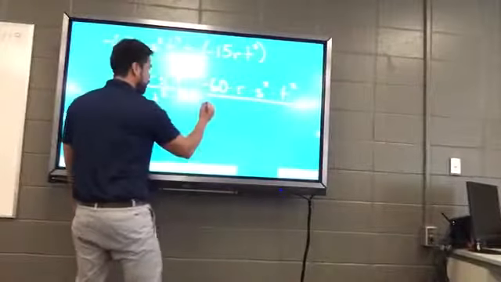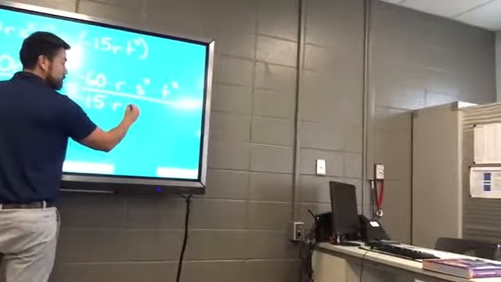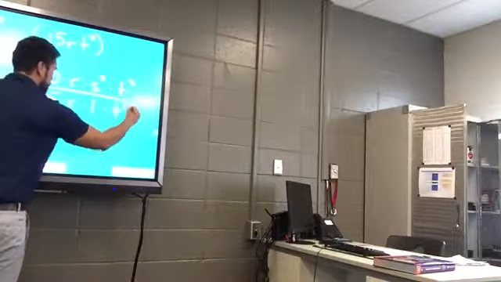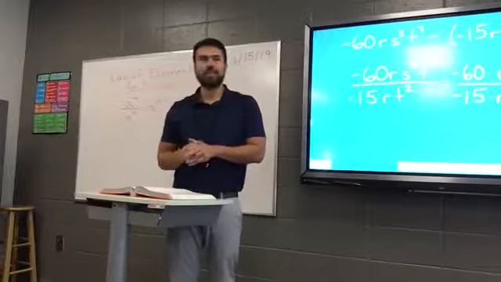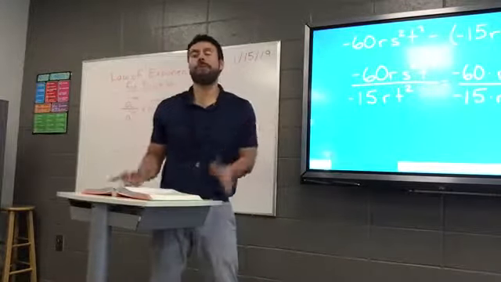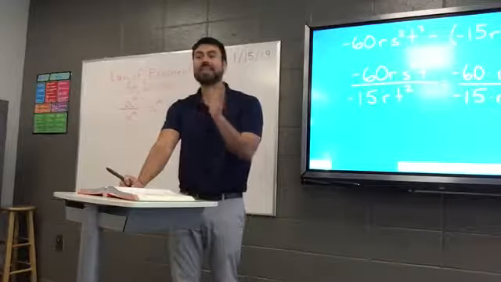All right. Then I'm going to rewrite this as negative 15 times r times 1 times t squared. That 1 just popped in, right? Is that allowed? Yes. Because of what property? Identity, right?